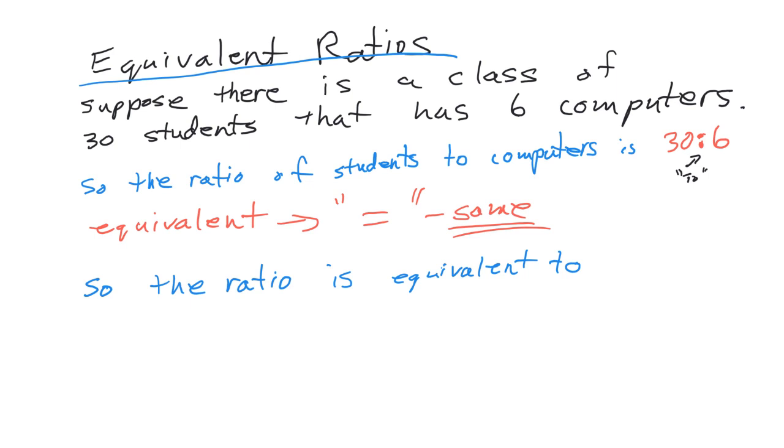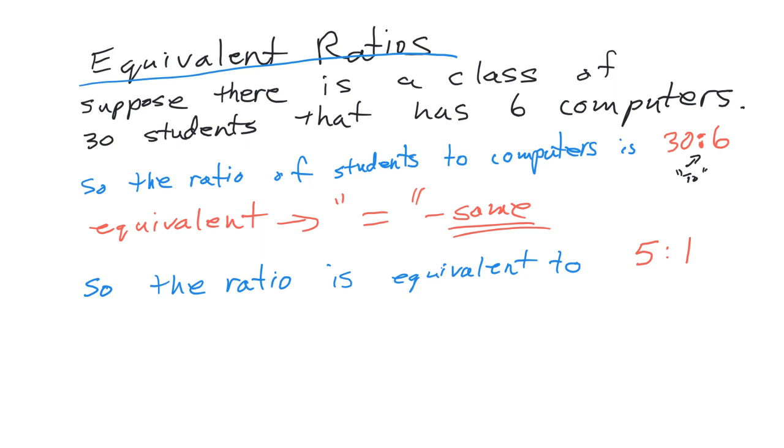So you can say the ratio of 30:6 is the same as, or equivalent to, 5:1. Now, your question is, how the heck could that be?